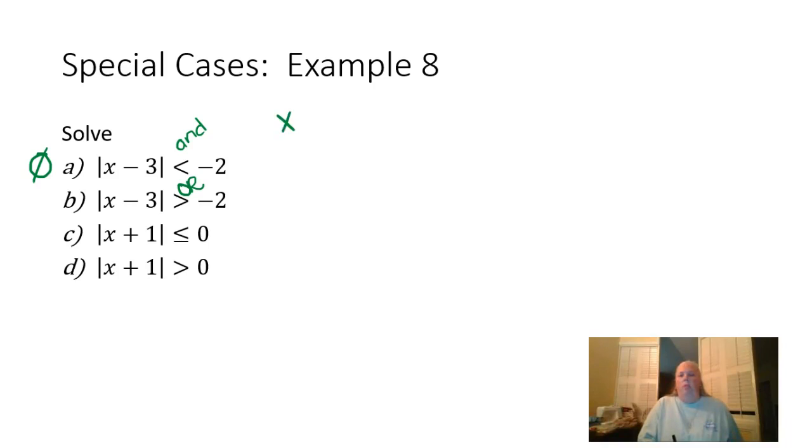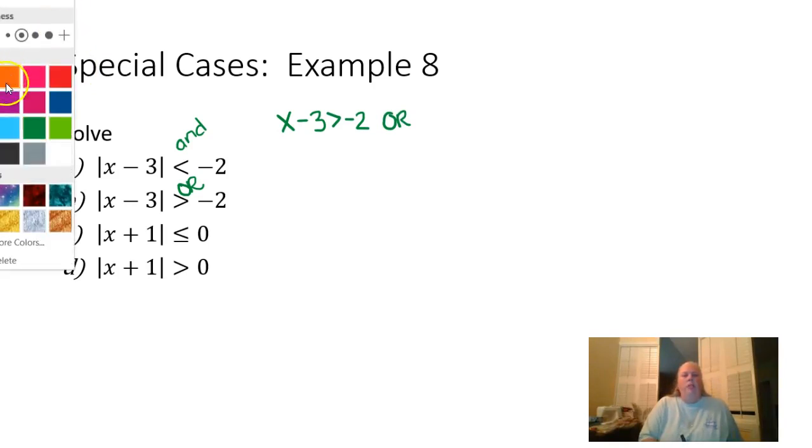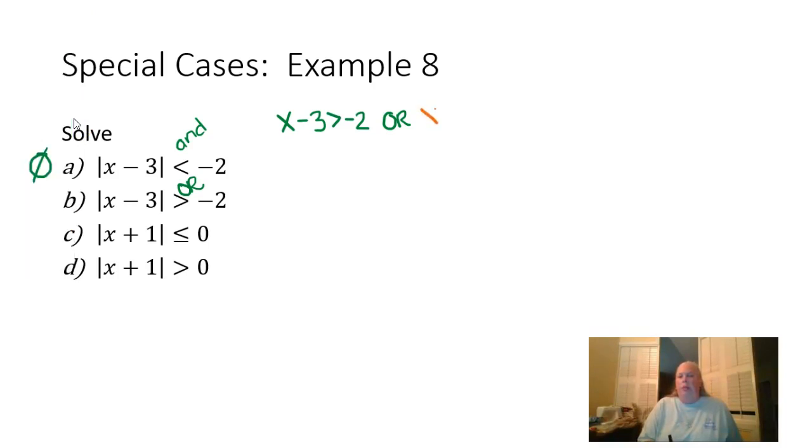The first one will be x minus 3 is greater than negative 2. Or, now we go to get the second one. The second inequality is going to change the sign from a greater than to a less than, and it's going to change my negative 2 into a positive 2. We'll have x minus 3 is less than positive 2.